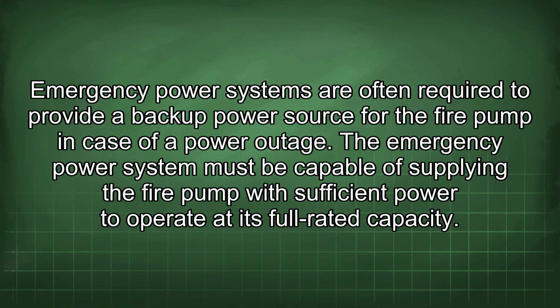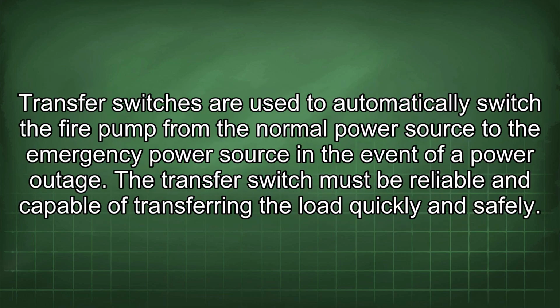The emergency power system must be capable of supplying the fire pump with sufficient power to operate at its full rated capacity. Transfer switches are used to automatically switch the fire pump from the normal power source to the emergency power source in the event of a power outage. The transfer switch must be reliable and capable of transferring the load quickly and safely.